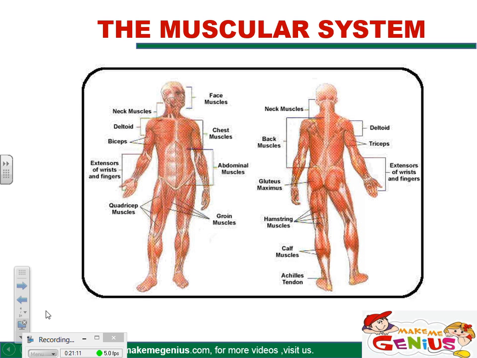What organ do you think is in the muscular system? Muscles. Different muscles will be things like your deltoids, your biceps, your triceps, your back muscles, your abdominal muscles, your chest muscles, your glutes, your gluteus maximus and gluteus minimus, your butt muscles.